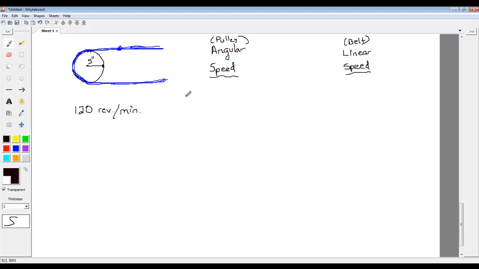Alright, so in 1 minute, the pulley makes 120 revolutions. Each revolution is 2 pi radians.